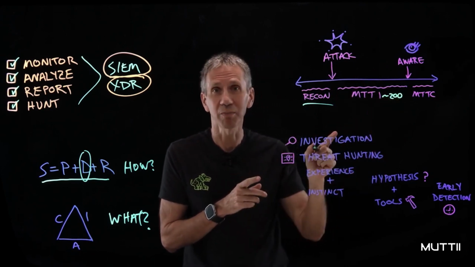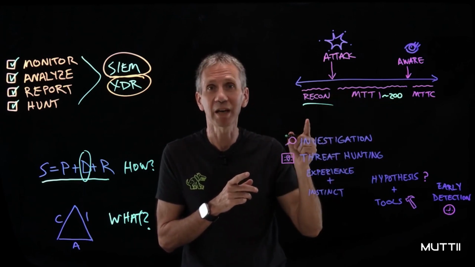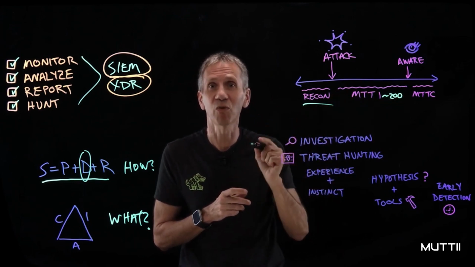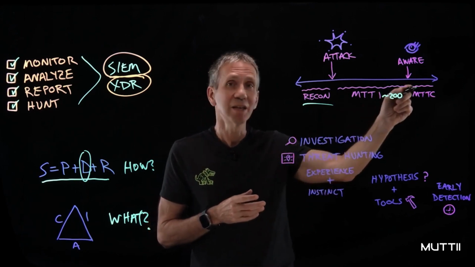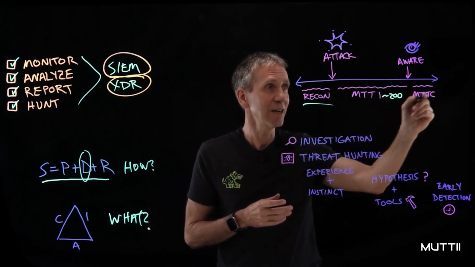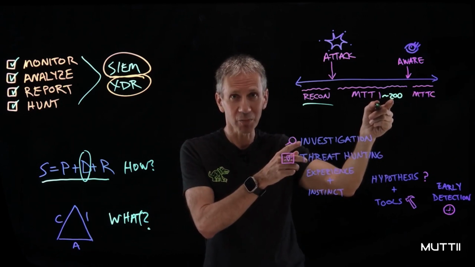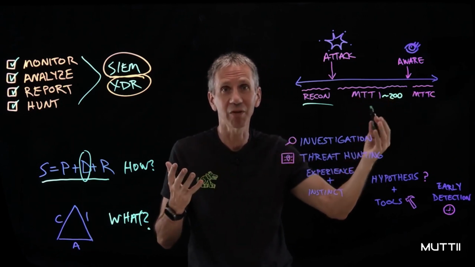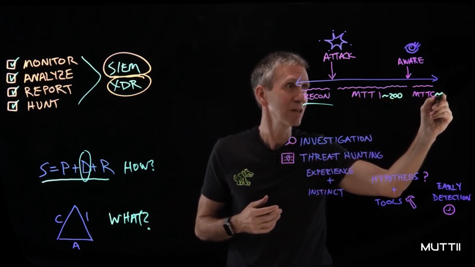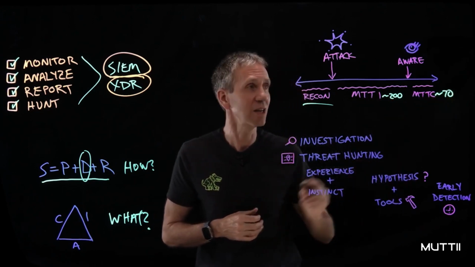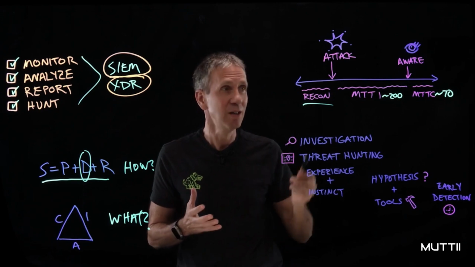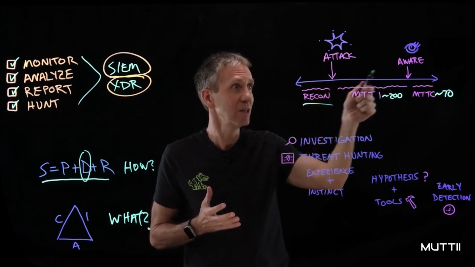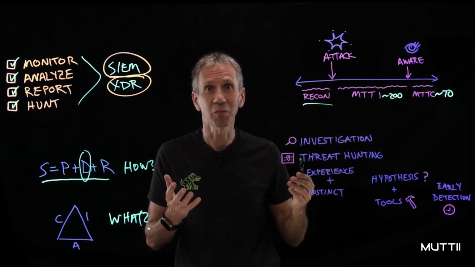That's a huge problem because imagine if a bad guy was in your house for 200 days before you realized that you had been broken into. And then the mean time to contain, that is, after I am aware that there's a problem, how long before I actually have it fixed? Now we're taking a look at it about another 70 days. You put those two together, 270 days, that's the better part of a year. Since when you were attacked until you finally have recovered from all of this.